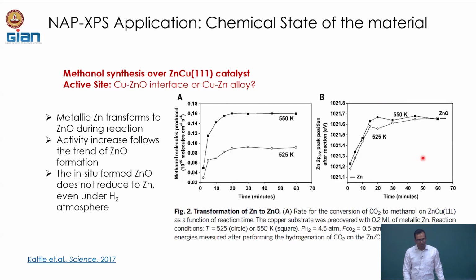And when they compared it to the zinc oxidation state, because remember we started with copper and zinc both in the metallic form, what we are seeing is that metallic zinc has a binding energy of 1021, whereas zinc oxide has a binding energy of 1021.65 or so. And corresponding to the increase in the formation of methanol, the zinc binding energy is continuously increasing to a higher and higher value, showing that the zinc is continuously transforming to zinc oxide, and that remains constant for the rest of the period of the experiment.